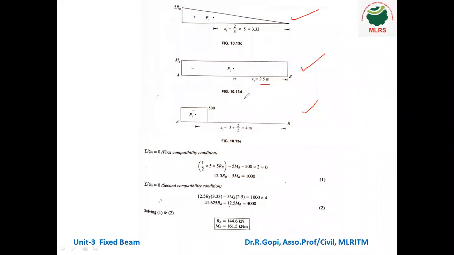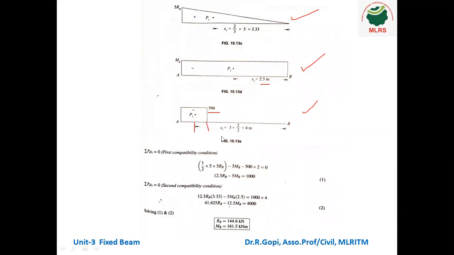So next coming to external moment, the intensity of moment is 500 kilonewton meter. So the height of that rectangular bending moment diagram is 500 and the corresponding centroid distance is 3 meter plus 2/2. So actually from here to here, what is the distance?